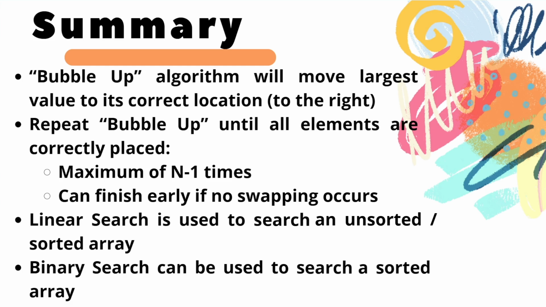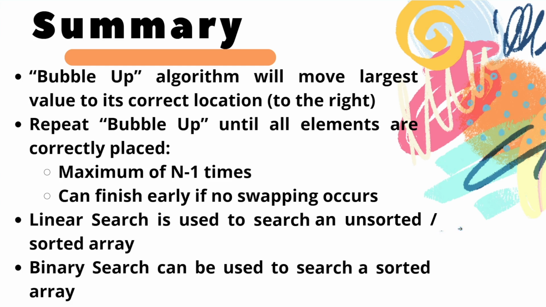For n elements to get sorted, we may have to repeat that procedure a maximum of n minus 1 times. Of course, there are plenty of other sorting algorithms which usually take less time than bubble sort.